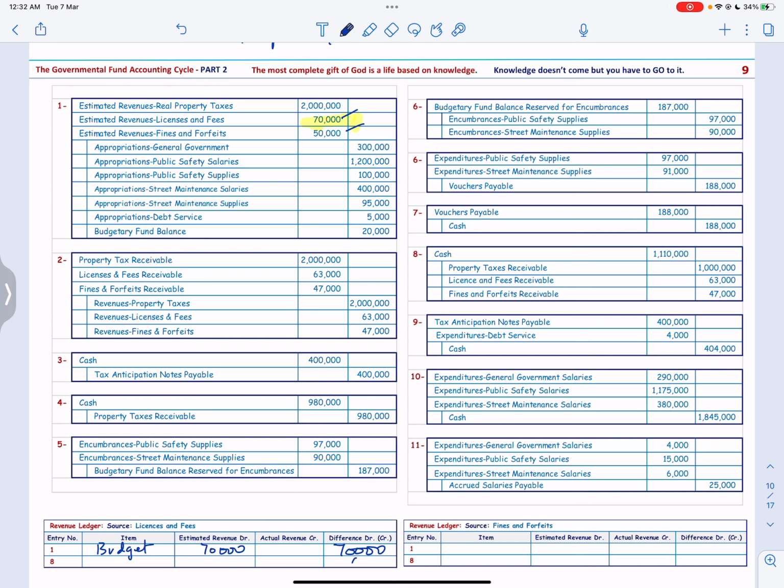Then in transaction number 2, there is a receipt. We are recording this as revenue, licenses and fees. This is credited by 63,000. So we have a balance of 7,000 to be collected. For fines and forfeits, again we have 50,000.